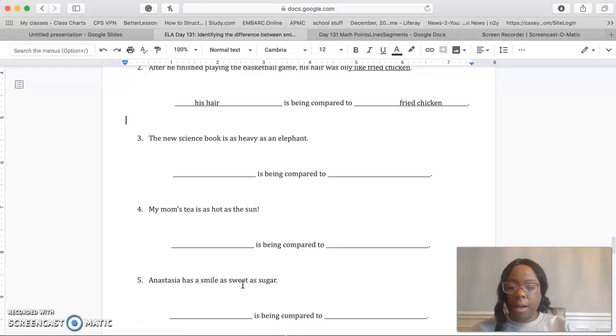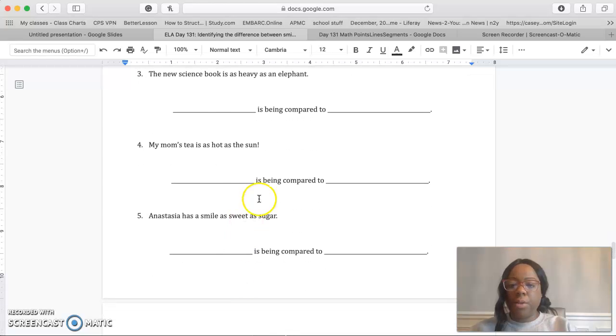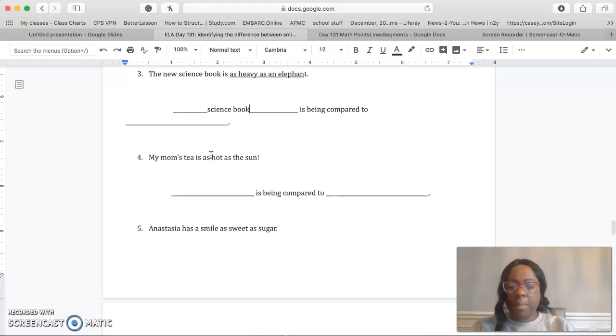Next, we have the new science book is as heavy as an elephant. We're comparing the science book to an elephant. All right, our next sentence.